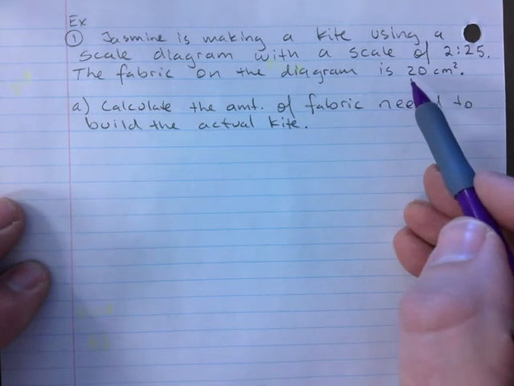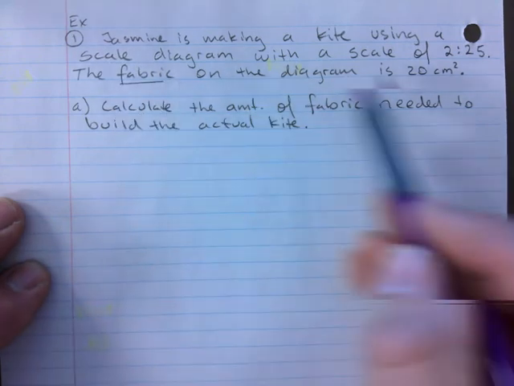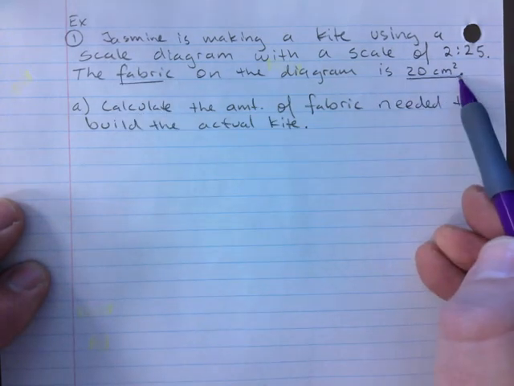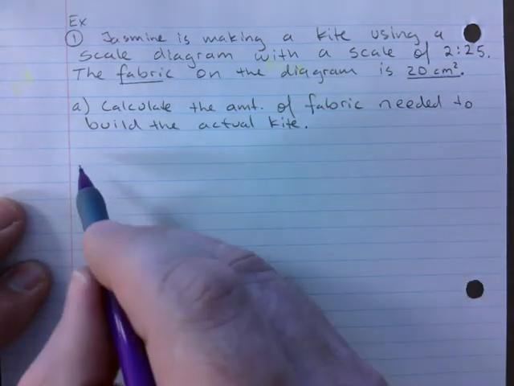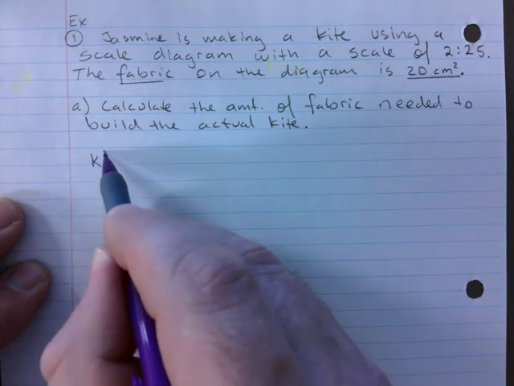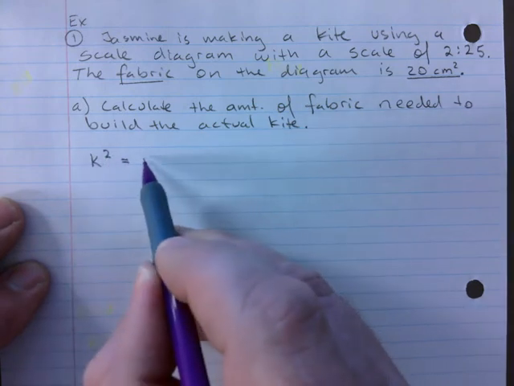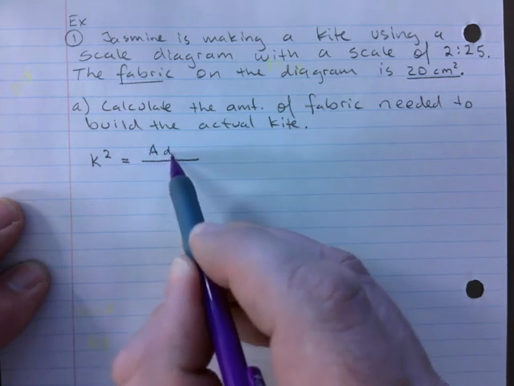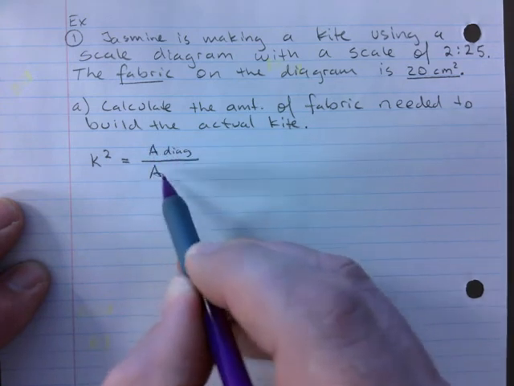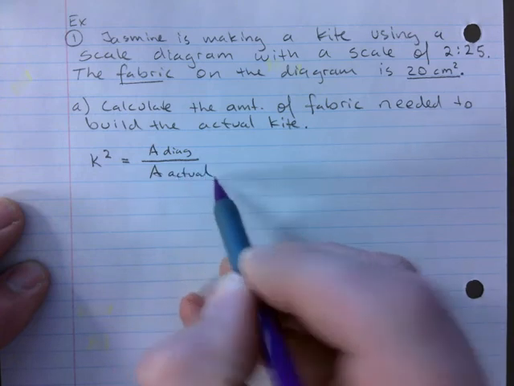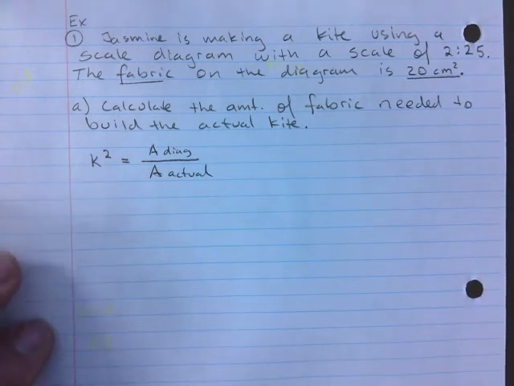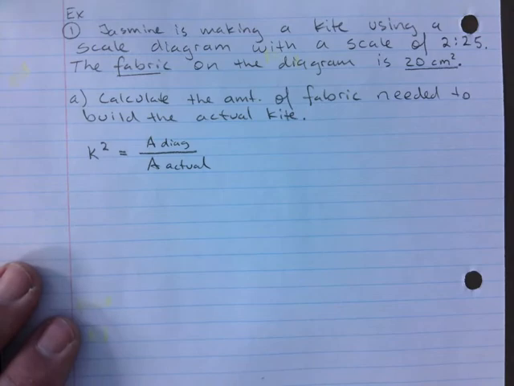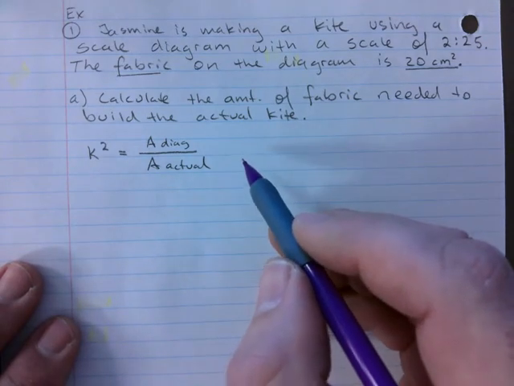Since we're dealing with fabric, it's covering an area, so we need to use this formula. K squared is equal to area of diagram over area of actual. This is the only example I'm doing, and then we're done for today, okay?